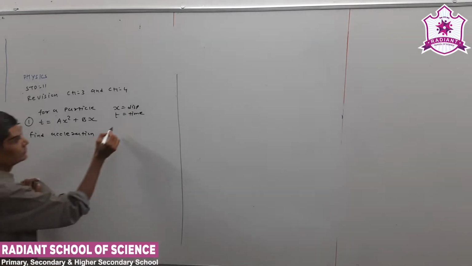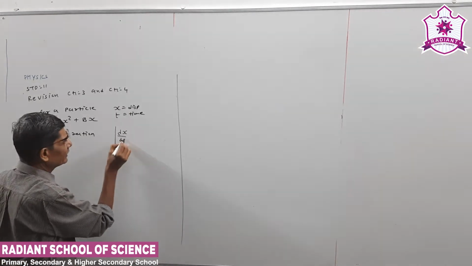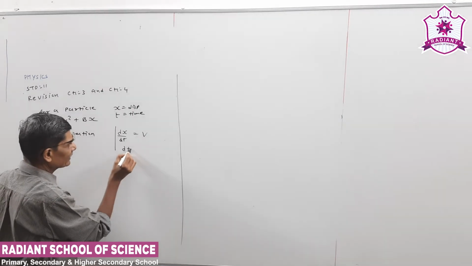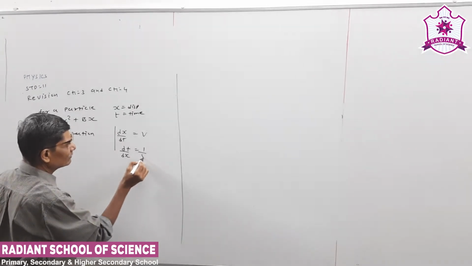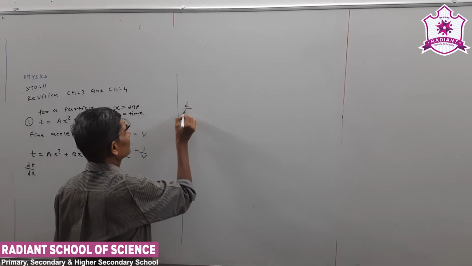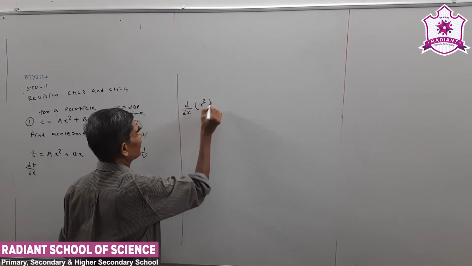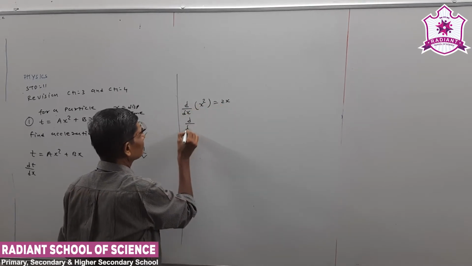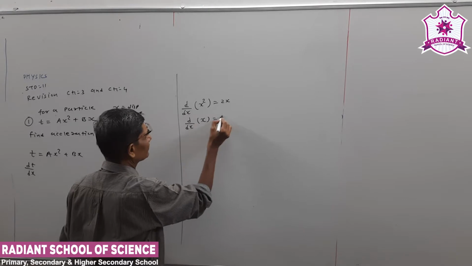Now we know dx upon dt is v, but if I take dt by dx, it will be 1 upon v. That is a reciprocal. So if I take the derivative with respect to x, it will become dt by dx. Now it is well known to us that the derivative of x square is 2x and the derivative of x is 1.